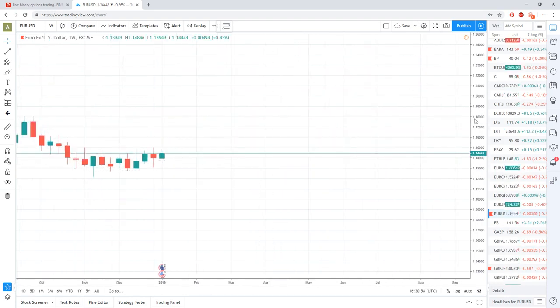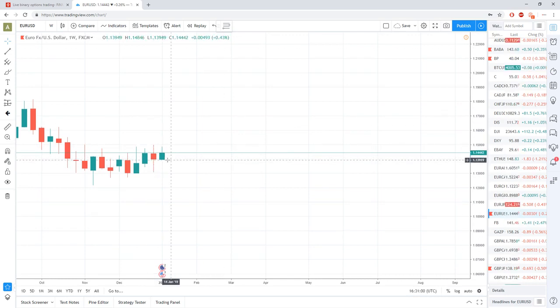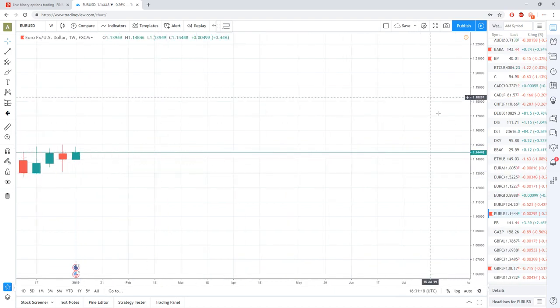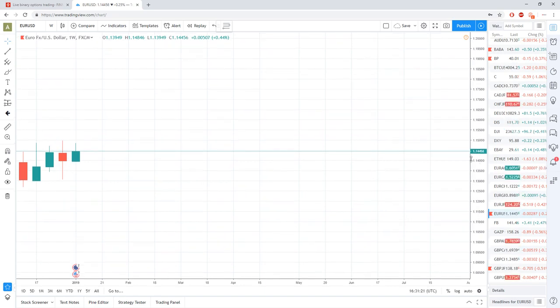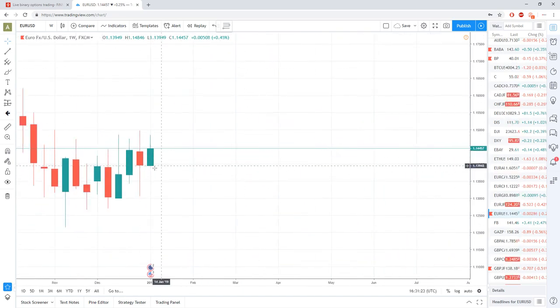So how shall we read it? In case the candle is a green one, the opening price will be here on the thick part of the candle, or the body. This part of the candle filled with color is called the body, and it shows us the closing and opening price of the candle.